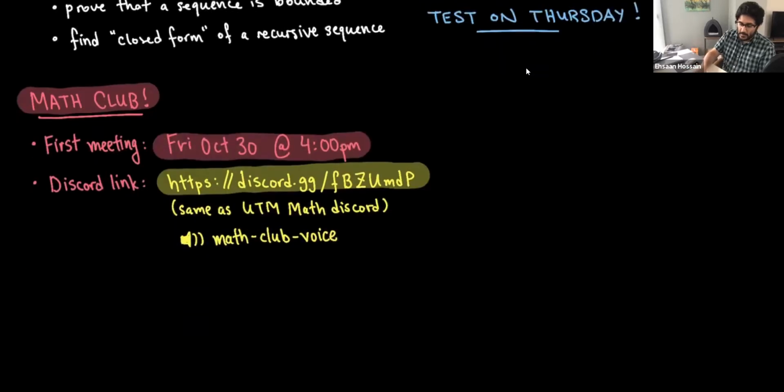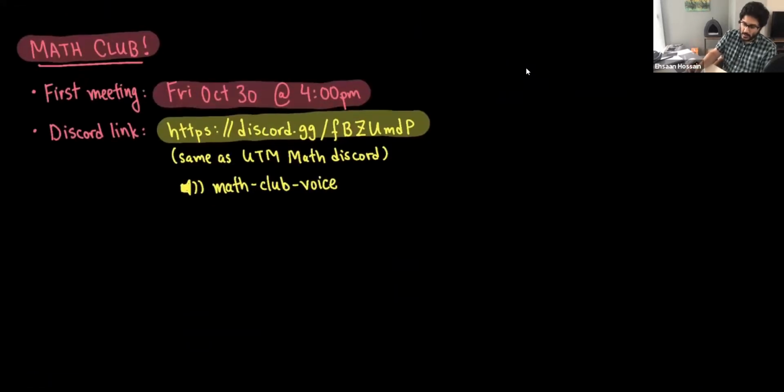so what's an example of a recursive sequence, just to start us off? Something like this: a_n = a_{n-1} + a_{n-2}. So what I'm saying is that I have a sequence of numbers a1, a2, a3, and so on.